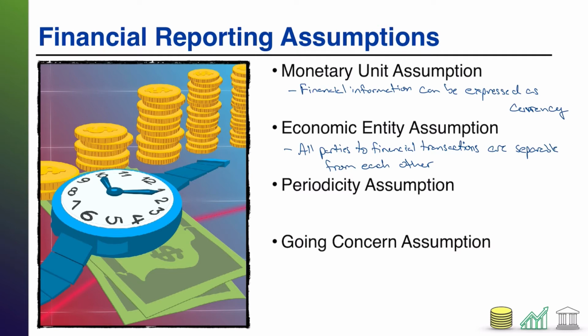The CEO's financial situation and impact from that transaction, that is recorded and reported in whatever way the CEO personally tracks his own finances. But they are not commingled in any way, right? 2 separate parties to a transaction, separable economic entities that can record and report on their side of the transaction independently of the other. That's the idea of the economic entity assumption.